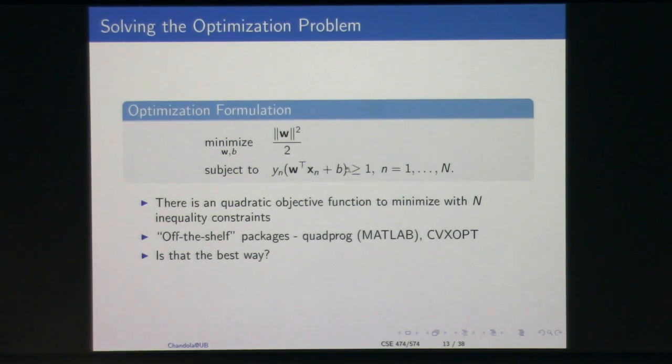So if you look at this, this problem is not a typical minimization problem because there are constraints in this, right? So we call it a constrained optimization problem, and in fact it has n constraints where you have n training data examples, and each one of them is an inequality constraint, right? So we have n inequality constraints with an optimization formulation here which is quadratic, which is convex, right?